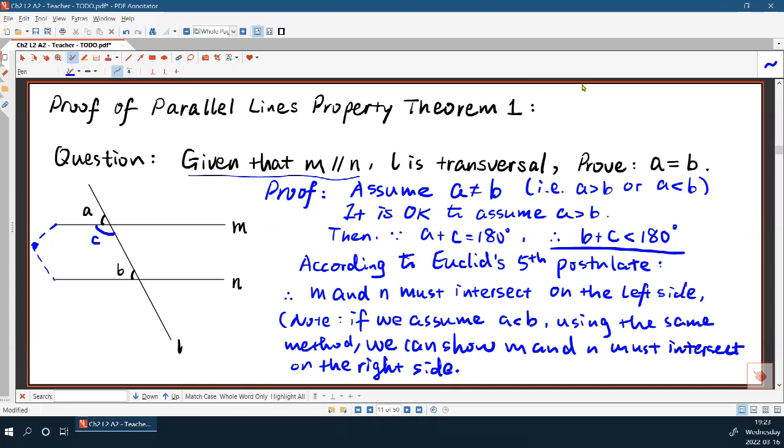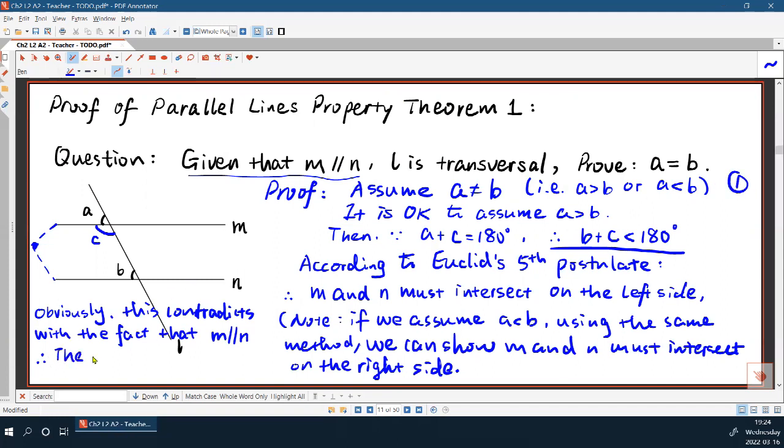So let's say, obviously, we have a contradiction here, right? Obviously, this contradicts the fact that M is actually parallel to N. Therefore, that means our assumption is not correct, right? Let's call it assumption 1.